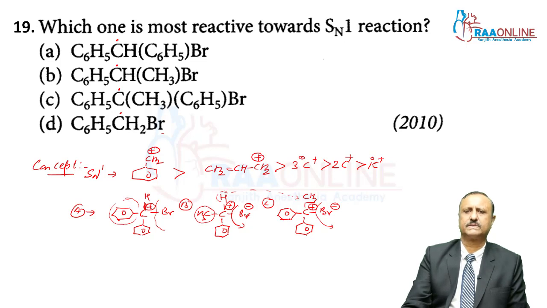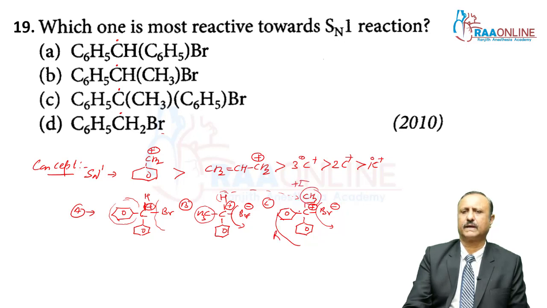Now my dear students, you can see the tertiary carbocation is more stable, then secondary, then primary. Here you can see two benzene groups and one methyl group are present. So this carbocation has two phenyl and one methyl group, and is more stable due to this R effect and this I effect.